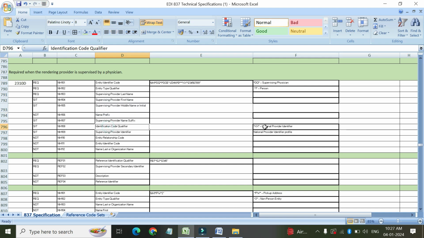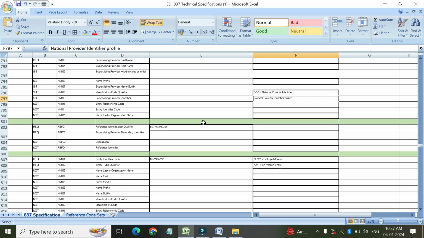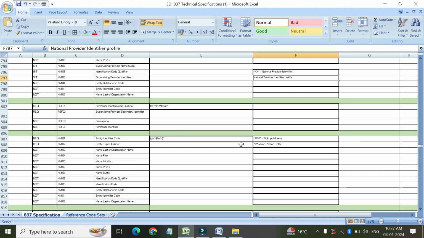Eighth, again, it will have XX because the supervising provider's unique identifier is national provider identifier. And in the ninth element of the NM1 segment, it outputs the national provider identifier. Again, the REF segment for 2310D, if applicable, secondary identifier, else blank.